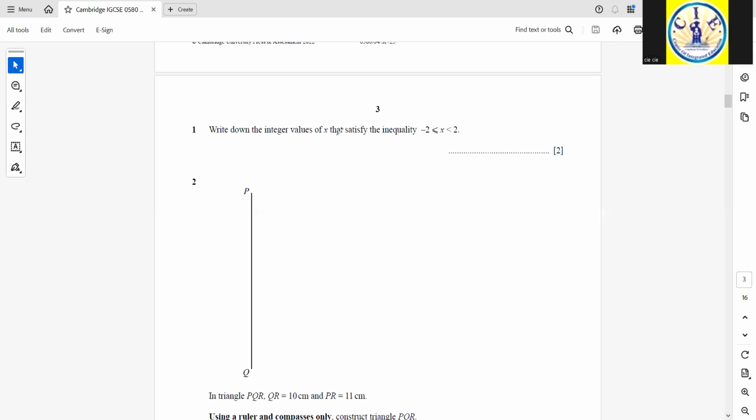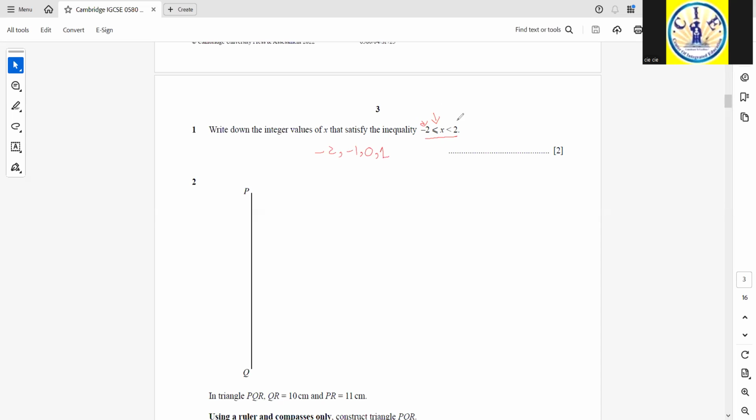Write down the integer values of x that satisfy the inequality -2 ≤ x < 2. So this is a closed inequality, so we need to include this value, that is -2, and then -1. The next integer is 0. The next integer is 1.